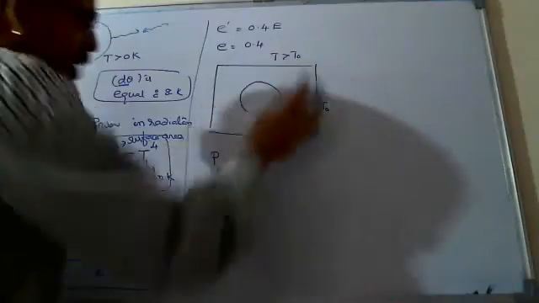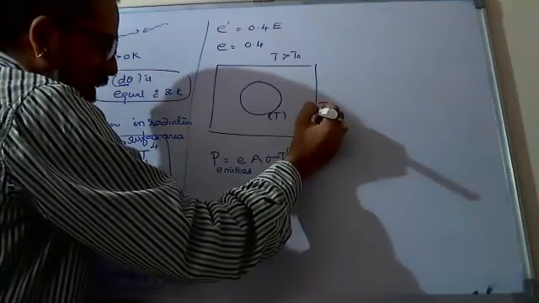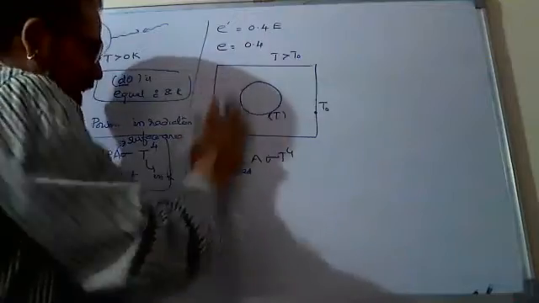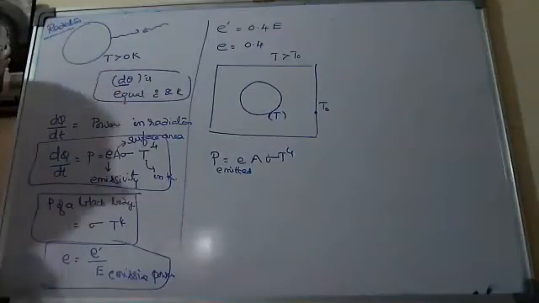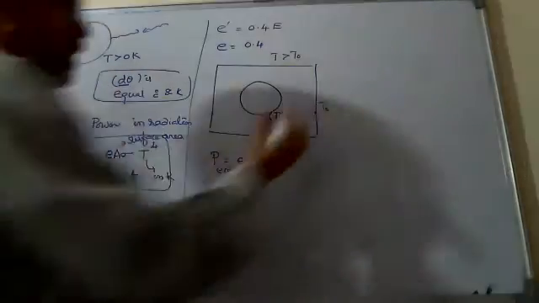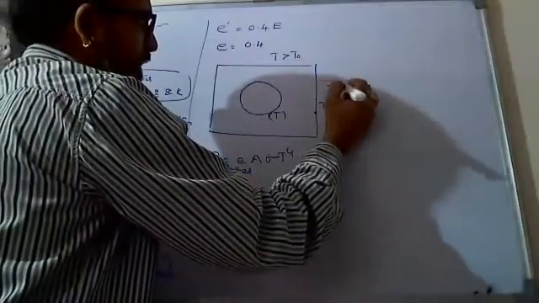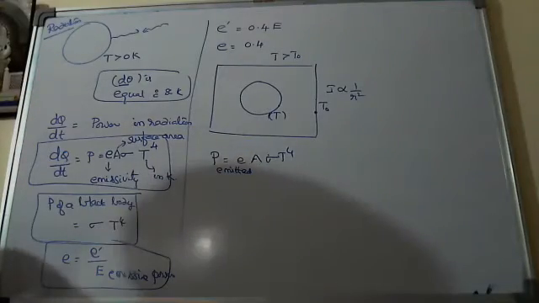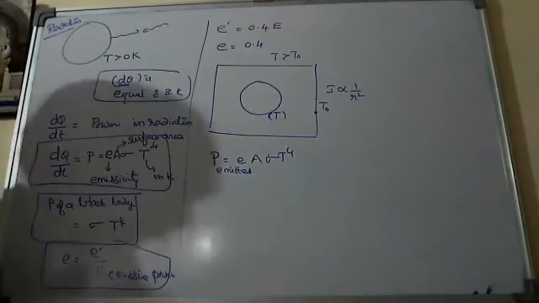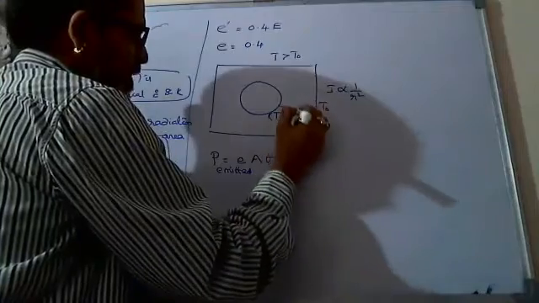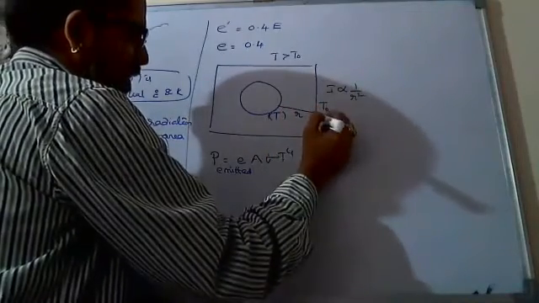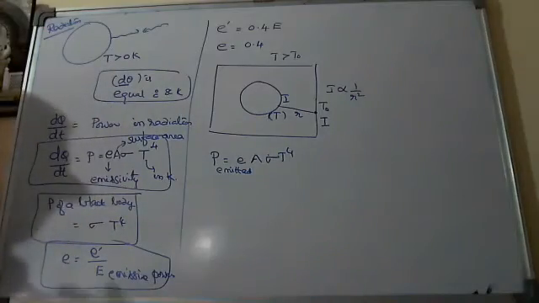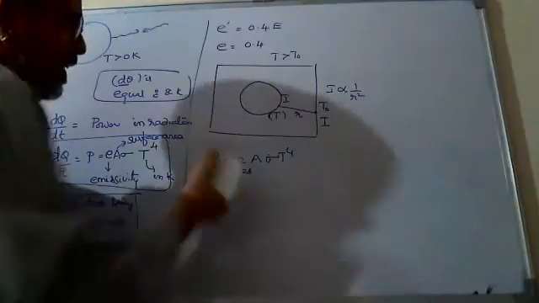Inside means whatever the intensity of radiation at the walls, anywhere inside you will get the same intensity of radiation. If it comes out, then outside you will get I inversely proportional to R square, depending upon the distance R. But inside, suppose at a distance R the intensity is I, there also the intensity is I. So what will be the intensity?